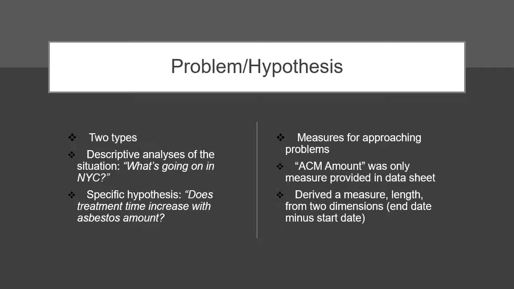We tested that hypothesis with a regression. We used 2 specific measures for approaching the problem: the amount of asbestos measured in square feet, and a measure that we calculated by taking the start date and end date of the projects to give us our second measure, the length of the project.